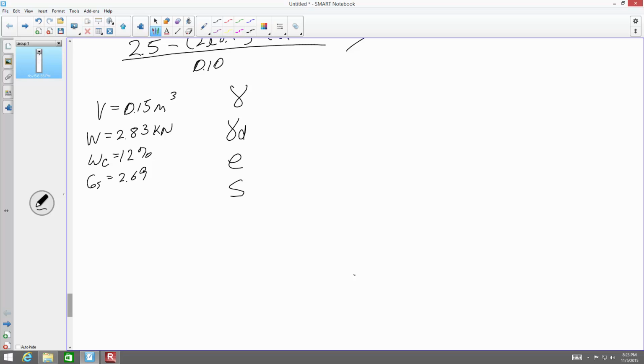Now you've got those equations in your reference manual. All those are right there on that first page, 142.